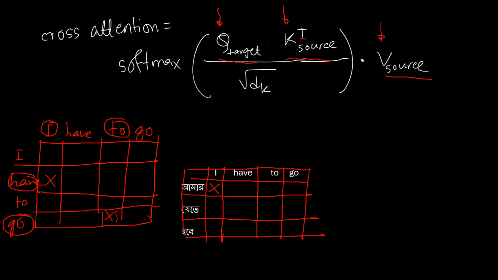This would mean the attention between Amar and I. The second element would mean the attention between Amar and have. So this is giving attention across two different embedding matrices, and that's why it's called cross attention. Every word of our source sentence or source embedding matrix is being attended with every word of our target sentence or target embedding matrix.